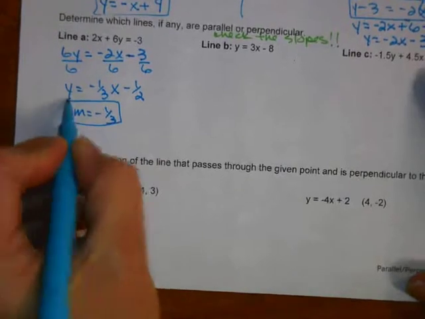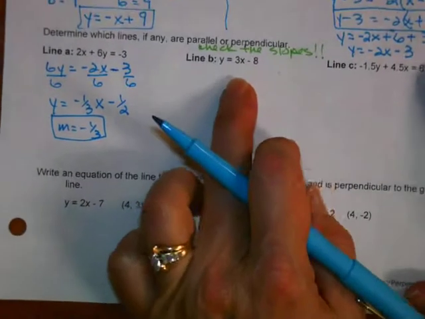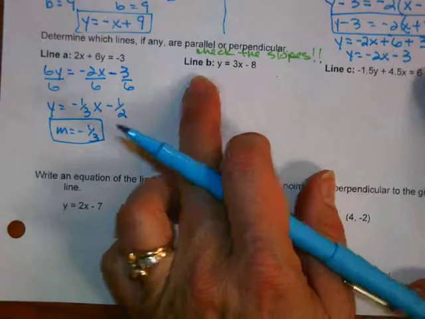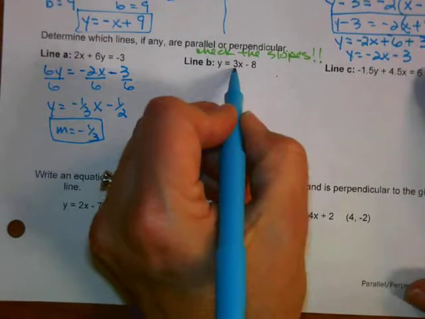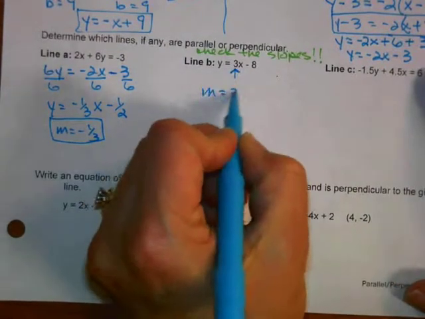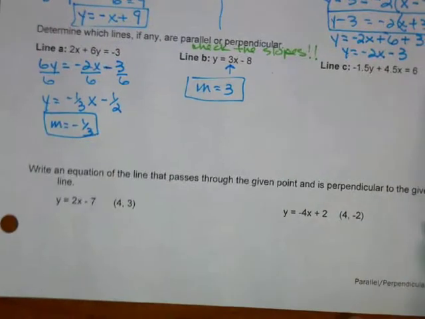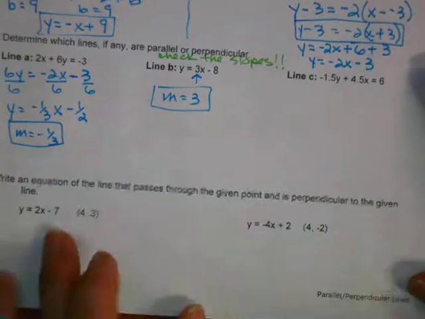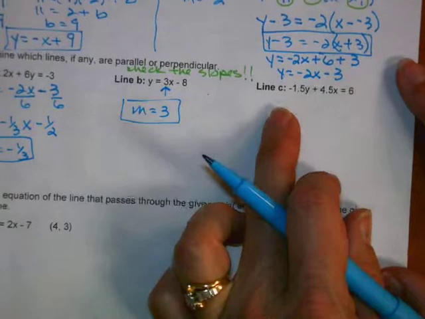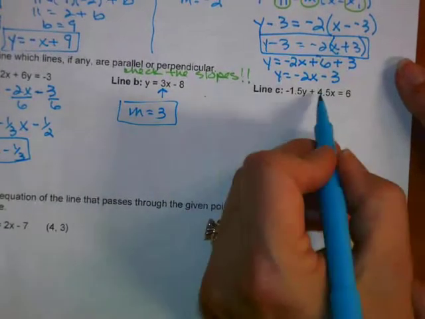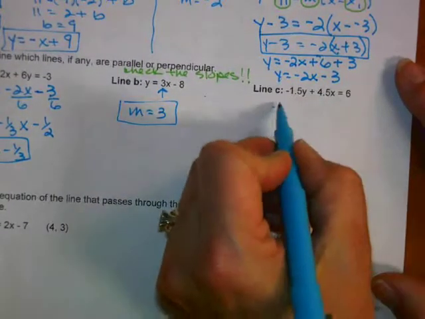So I need to know the slope of that line. Then I need to, oh, I already know the slope of this line. What is it? Right there. So m equals 3. That was easy. Now I got to find the slope of this line. So I'm going to put it into y equals mx plus b again. Subtract 4.5x from both sides.